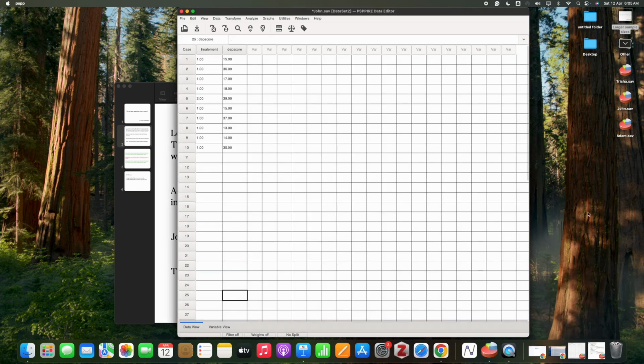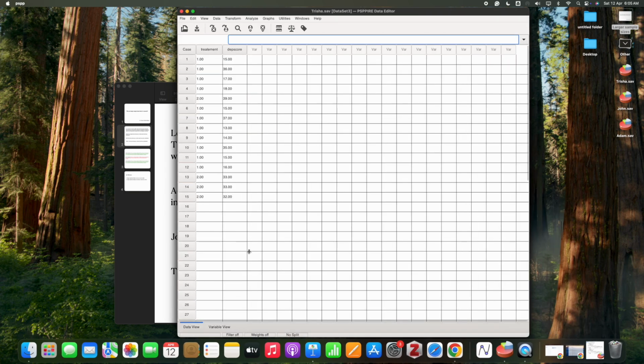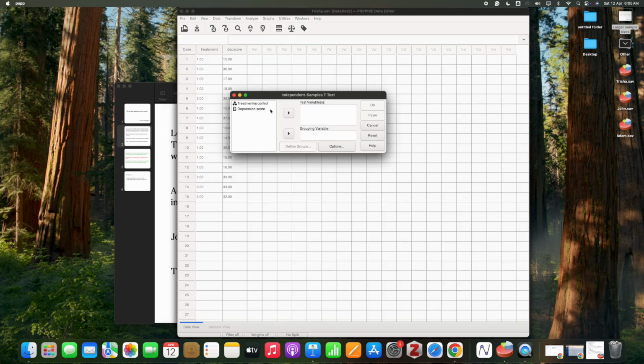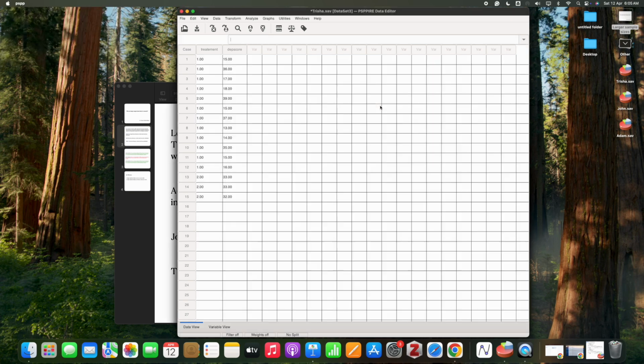We then move on to the third researcher, who's Trisha. So this is Trisha's data set. Trisha could not get all 30 respondents, but she was able to get 15 respondents. So what kind of results does she secure? We go to analyze, compare means, independent sample t-test. Trisha does the same thing. Okay, so define groups, yes, no, click continue, click OK.